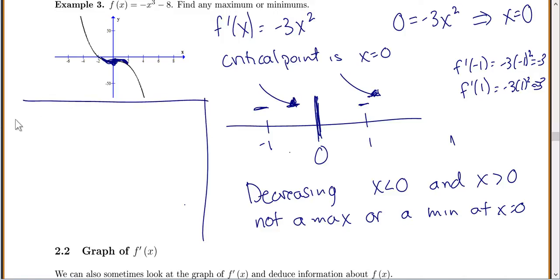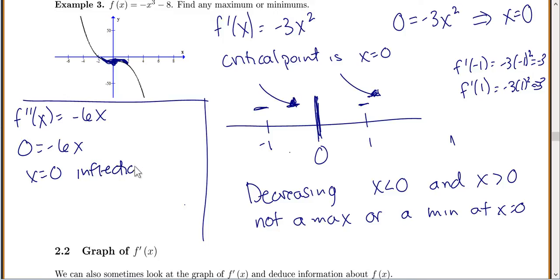In case you were wondering, let's go ahead and find our second derivative. Our second derivative would be negative 6x, and if we set that equal to 0, x equals 0 is our possible inflection point. Everything's kind of possible until we decide for sure if things are changing.